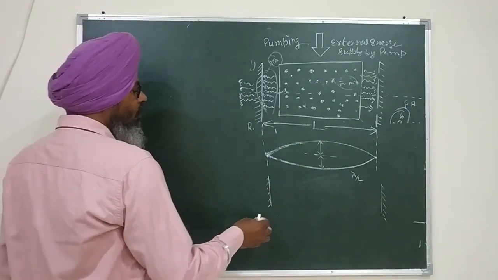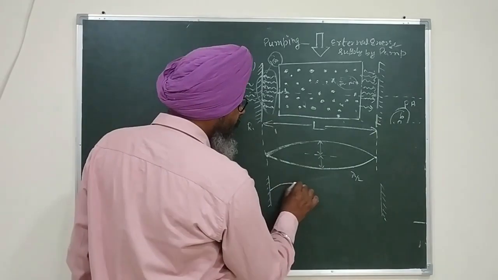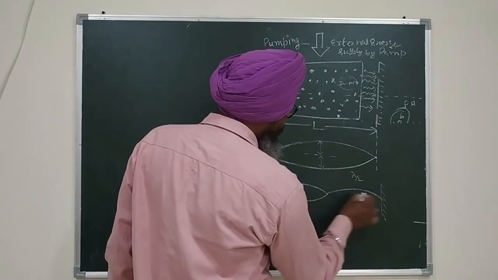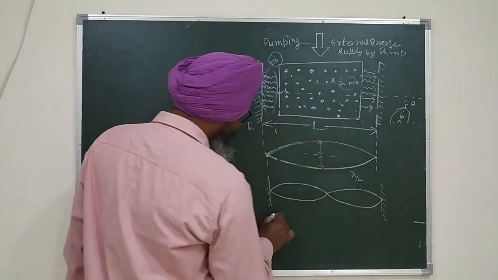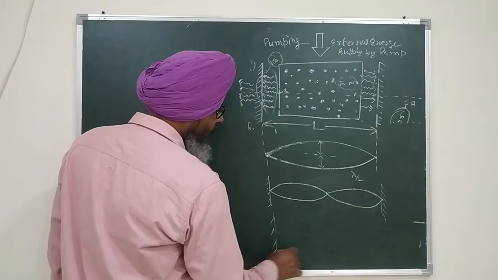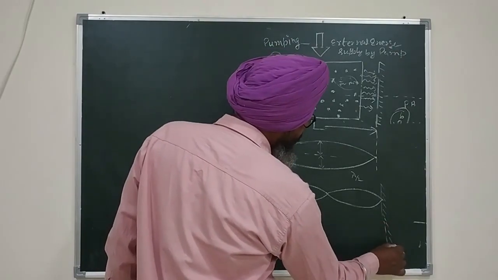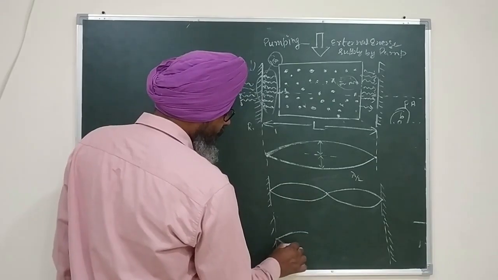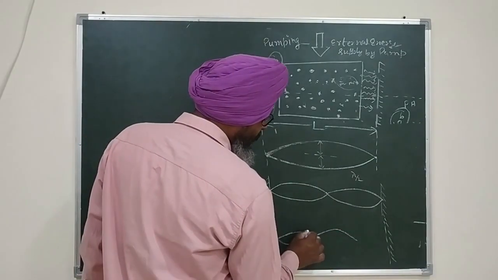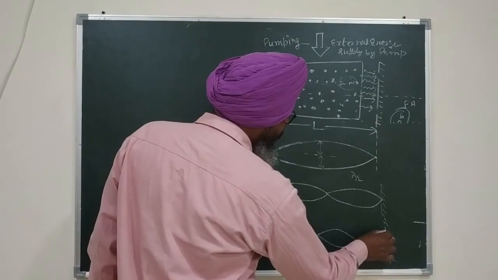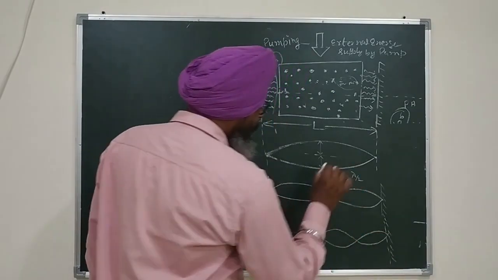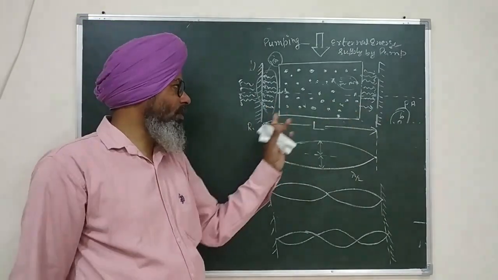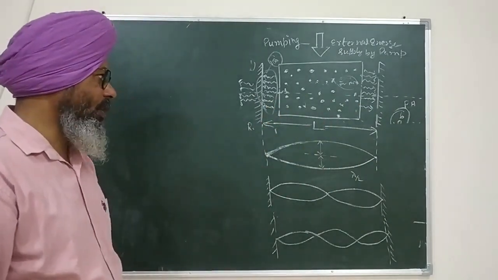The next stationary wave which can be formed could be this one, and the next could be this one. Kindly remember, since the mirrors are fixed, the distance between mirrors cannot change.